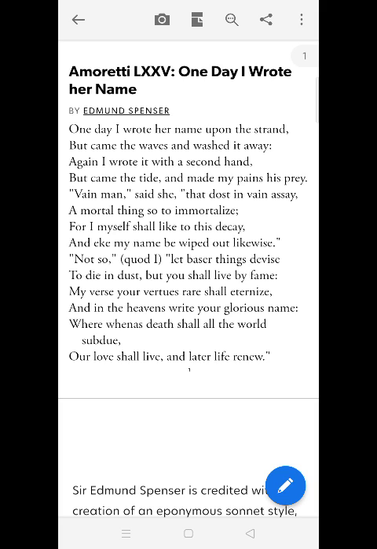Spenser also used symbol in the poem, in the first line, when he says that "one day I wrote her name upon the strand." Probably the most dominant symbol is the act of writing the name of his beloved in the sand.